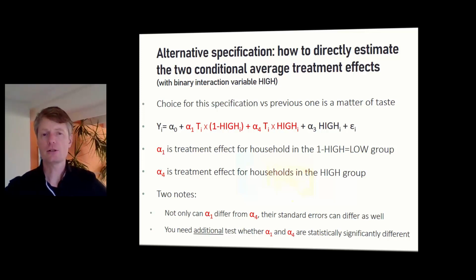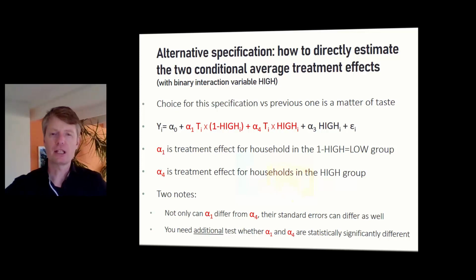And in this case, we get the treatment effect for the reference group, alpha 1, and we also directly estimate the treatment effect for the high is 1 group. That's different from the previous specification, where we estimate the difference between the two conditional average treatment effects. Here we separately estimate the two conditional average treatment effects.